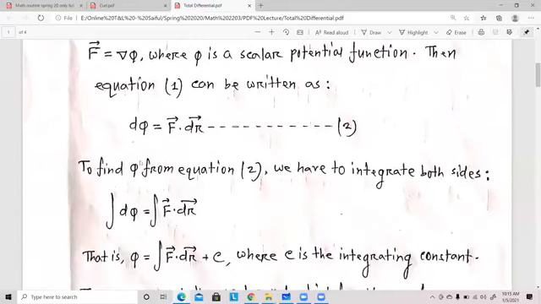Now to find phi from this equation we just have to integrate. হ্যাঁ, এখান থেকে যদি আমরা phi টা বের করতে চাই we have to integrate. What kind of equation is it? d phi equal to f dot dr. Differential equation. Good.